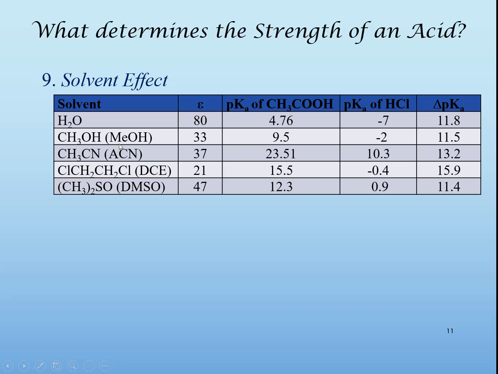The pKa value increases for both of them if you go to methanol by roughly 5. However, if you go to aprotic solvents like acetonitrile and DMSO, the acidity is greatly reduced for both compounds. In both cases, hydrochloric acid is still the stronger acid, but it's also significantly weaker.